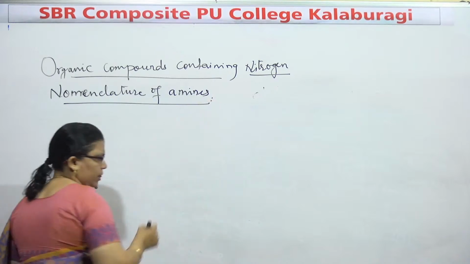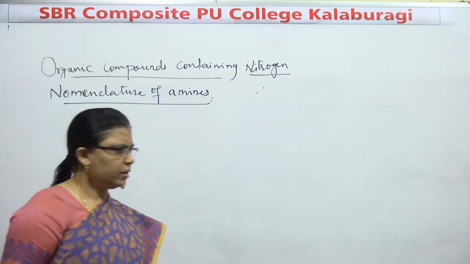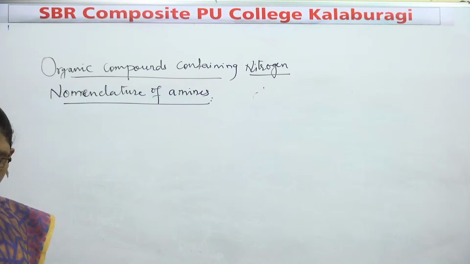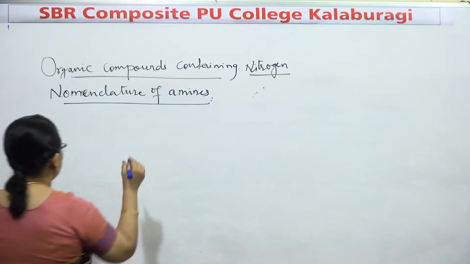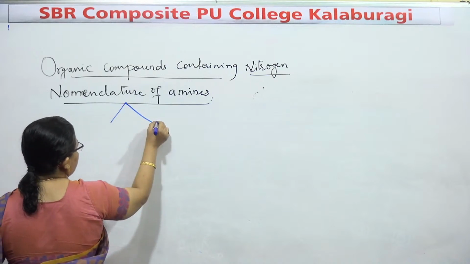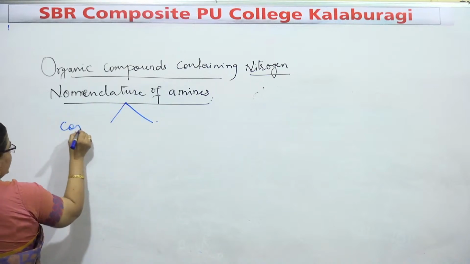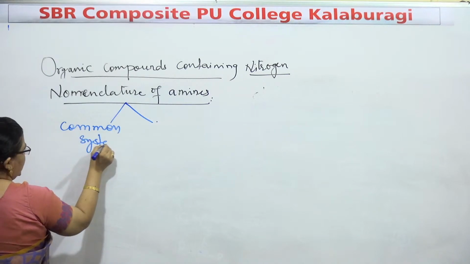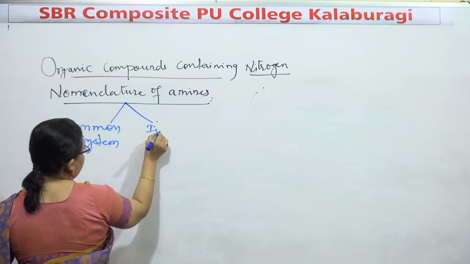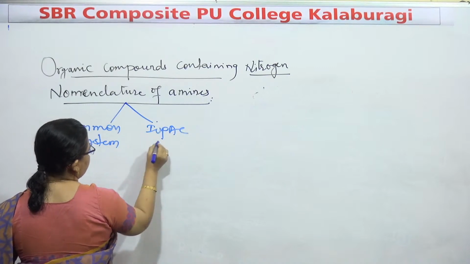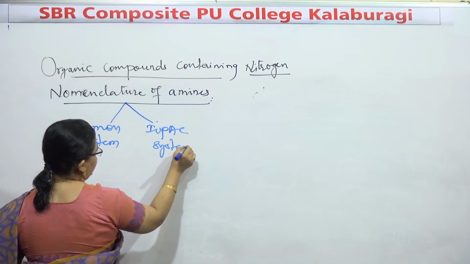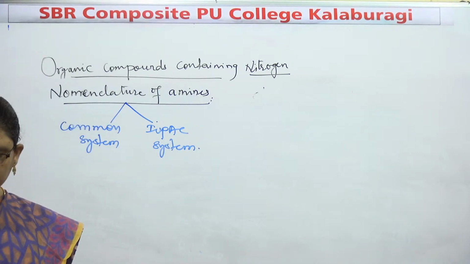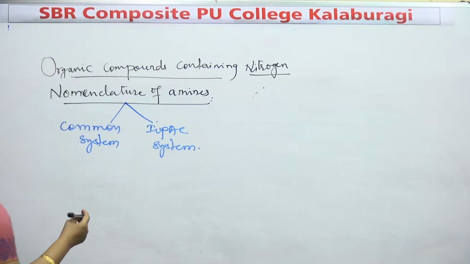As we know very well, there are two ways to decide the name. One is the common system, and the second method is the IUPAC system. According to the common name, amines are named as alkyl amine.